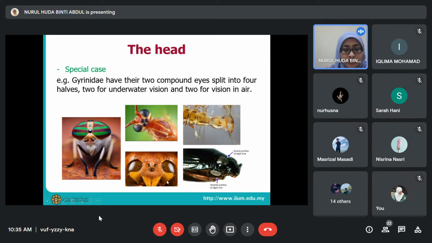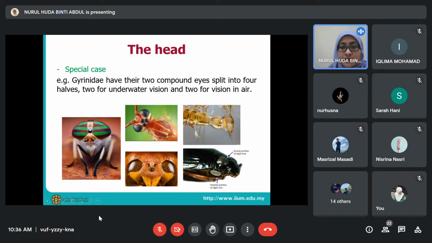Okay, yang kat bawah ni, some of the beetles also have three ocelli, one pair of compound eyes. And this is the aquatic water beetle, where it has stemmata. Okay, you can imagine, this one is only the reflection, sebab tu kamu nampak yang ada separuh ni reflection of the image.